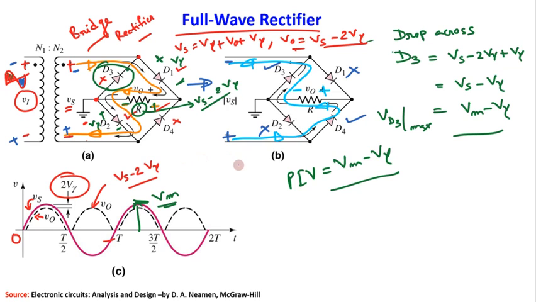First difference, obviously, you can say in terms of PIV. Here the PIV is Vm minus V gamma. In the earlier case the PIV was 2 Vm minus V gamma. So here this PIV is lower, and that is one of the advantages of this bridge rectifier.